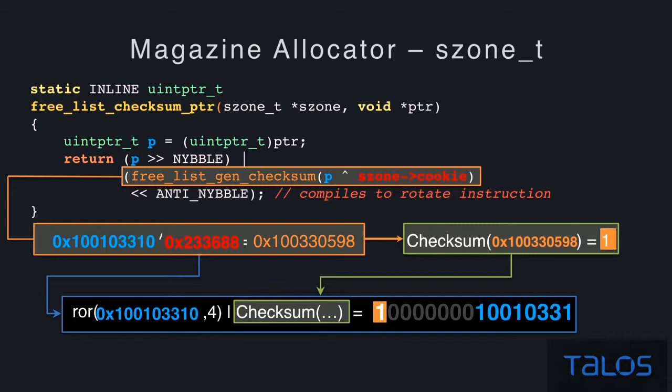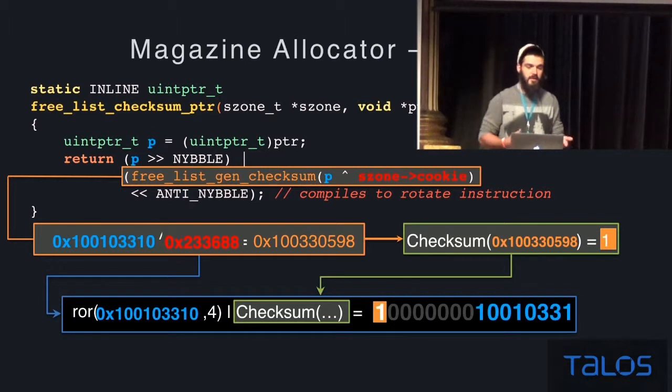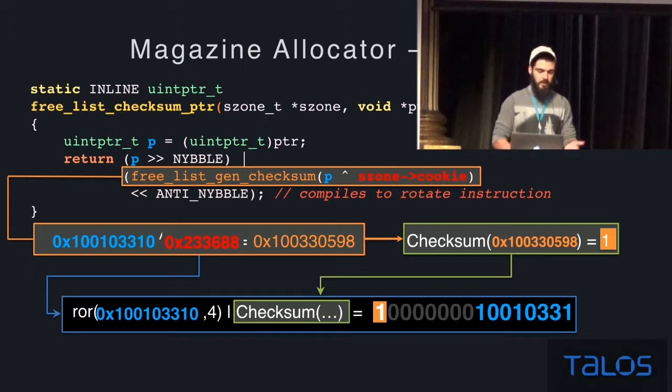So what that means is if I overflow into the metadata of a freed block, I'm going to overwrite this cookie. And if I overwrite that cookie, it's going to check the cookie, and then it's going to bail out on us. Well, what's fun about all this is they actually never use this. All this code is there in place, and no default system application uses any of this checksum code, any of this.